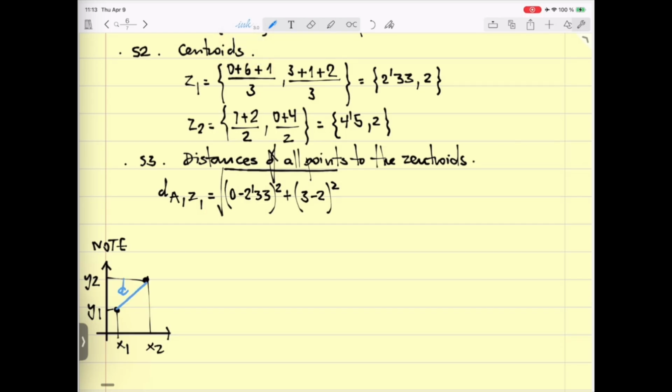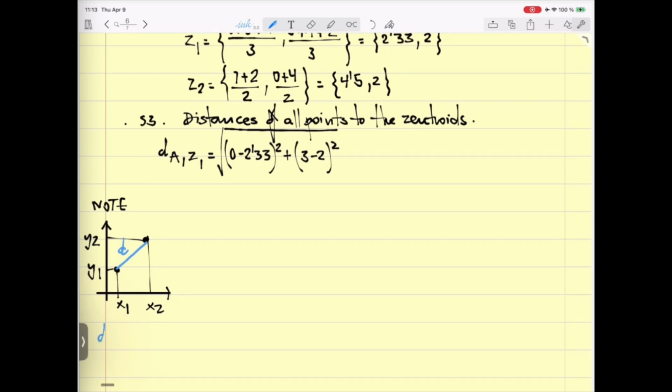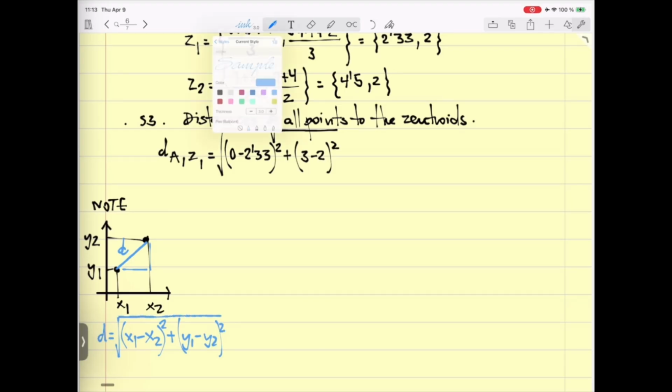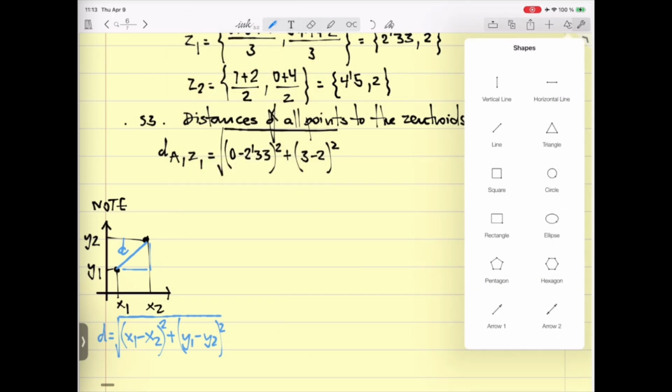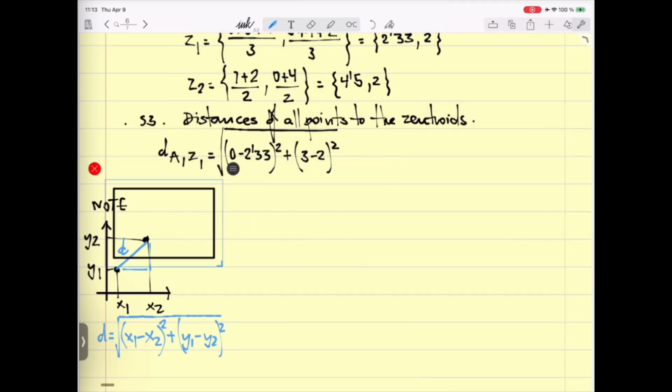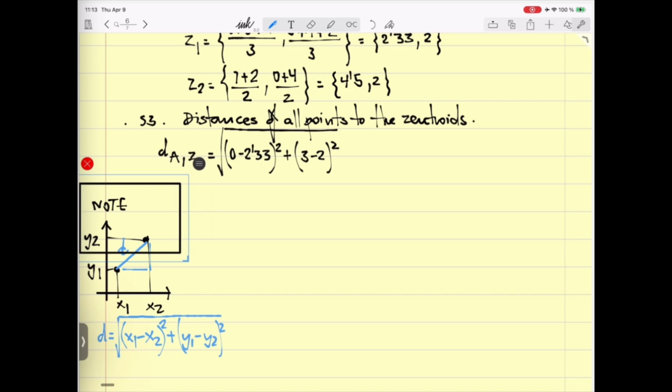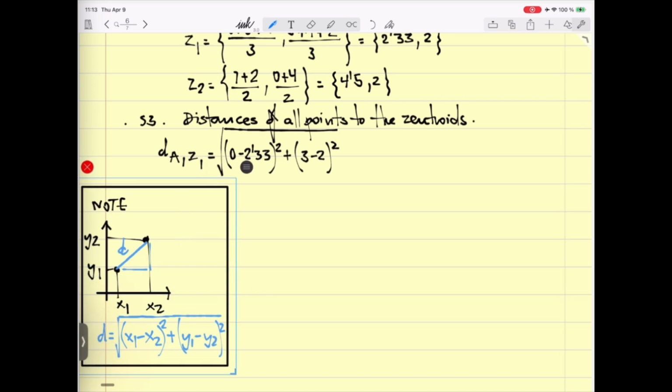Okay, this distance d is going to be the square root of x1 minus x2 squared, plus y1 minus y2 squared. I don't know if this is known by you or if this is second nature, but you definitely need to internalize this. This is Pythagoras. You learned this when you were 12, I guess.